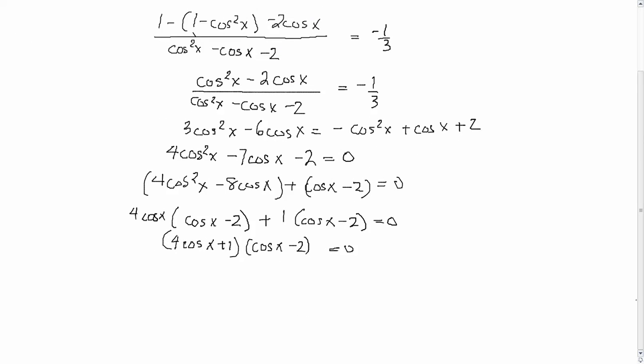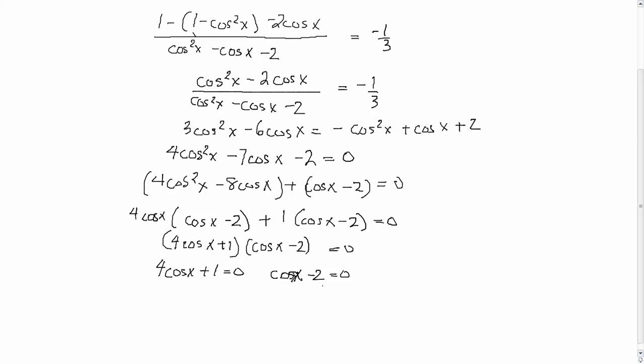Now we can set each of our factors equal to 0, and we have 4 cos x plus 1 equals 0, and cos x minus 2 equals 0.